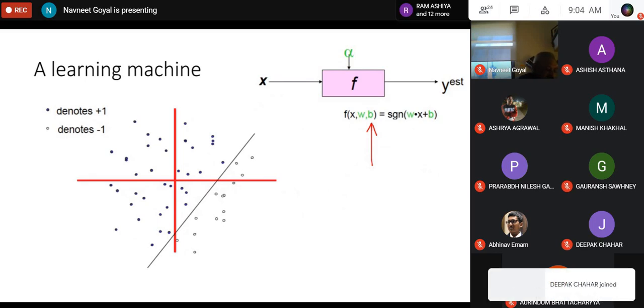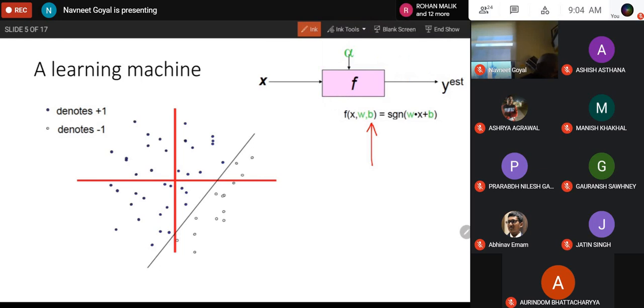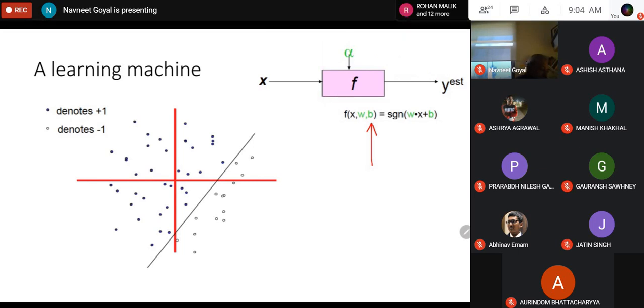So if you see this particular example, let me use a different color so that I can differentiate between what is there and what I want to do. Suppose you are here. Can you fit a straight line of the form f(x, w) = sign(w · x) on this data?